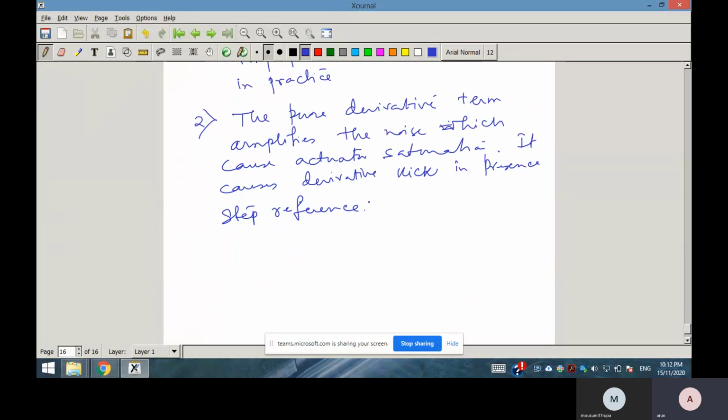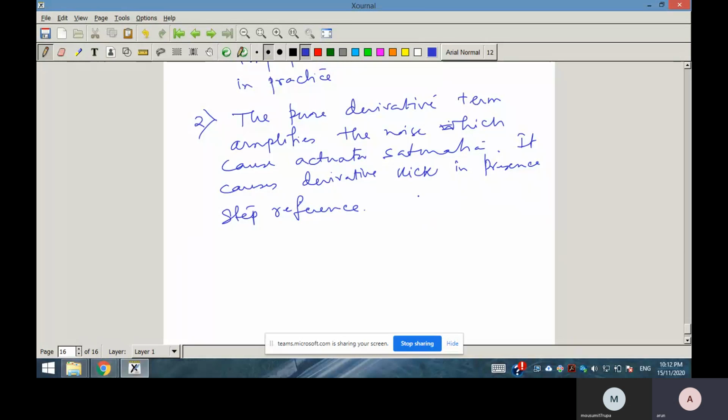What is derivative kick? Suppose you are applying a step reference signal, and initially the output is 0. When that step reference signal passes through the derivative part, since the PID controller terms are all in cascade, it becomes an impulse. So a sudden kick will happen. A suddenly high magnitude control signal is produced. That is derivative kick, and it is unavoidable.